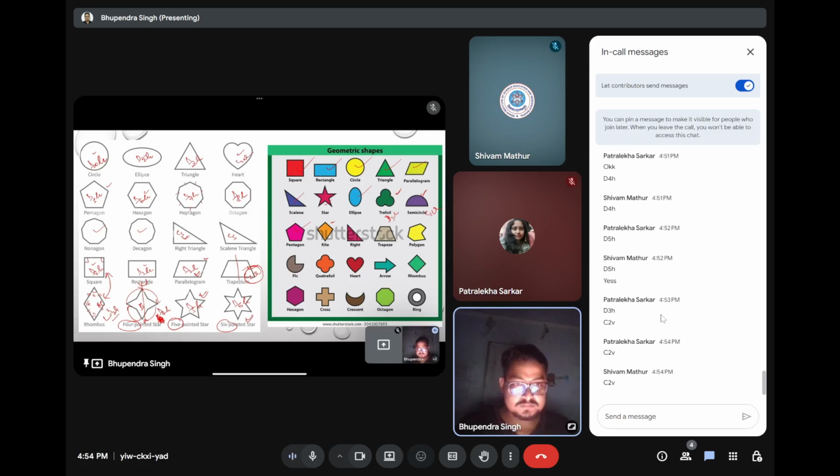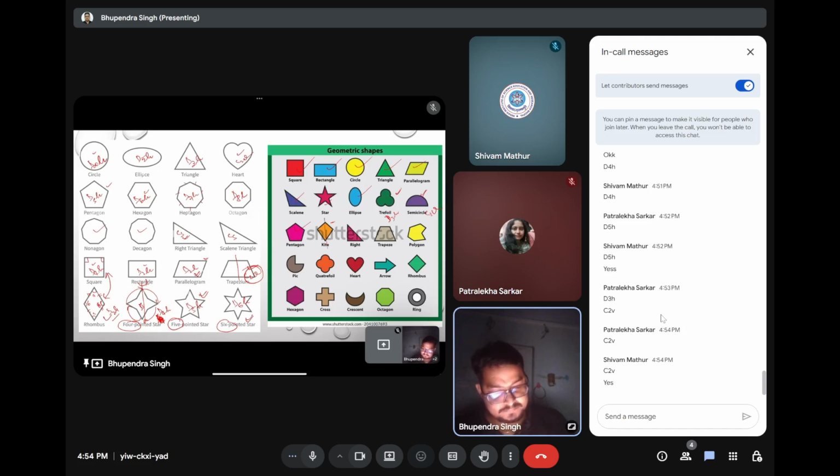Okay, Shivam and Patlekha both are saying C2V for the kite, no? C2V, yes, yes, it is C2V. We have done this. Regular polygon, yeah. Tell me.